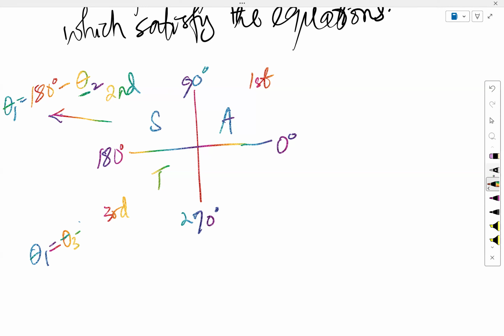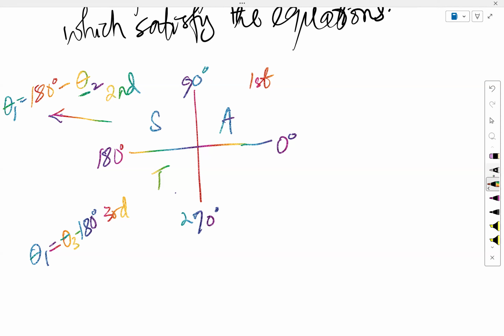The angle in the third quadrant minus 180 degrees gives the corresponding angle in the first quadrant. So the angle in the third quadrant is 180 degrees plus the corresponding angle in the first quadrant. If you have an angle in the third quadrant, subtract 180 from it, and you get the corresponding angle in the first quadrant, and that's very necessary.